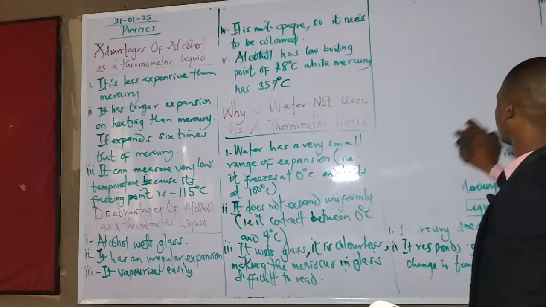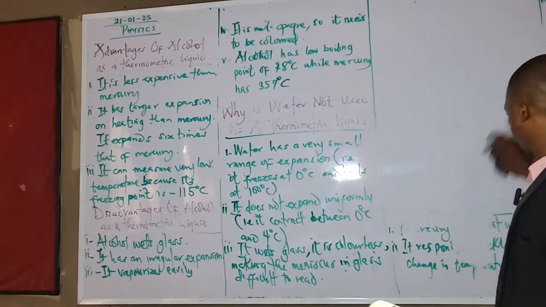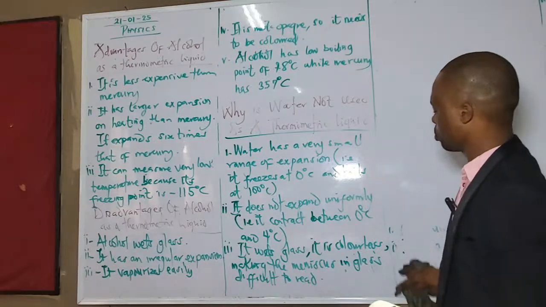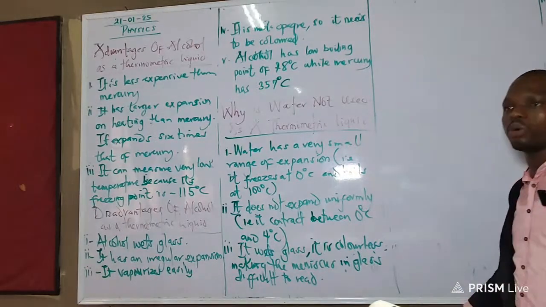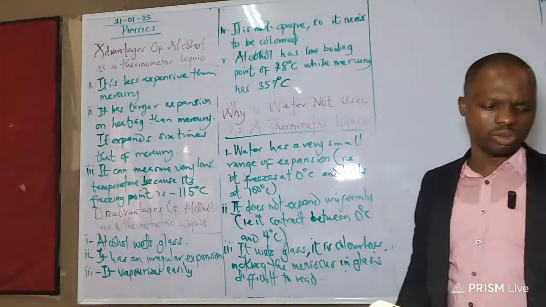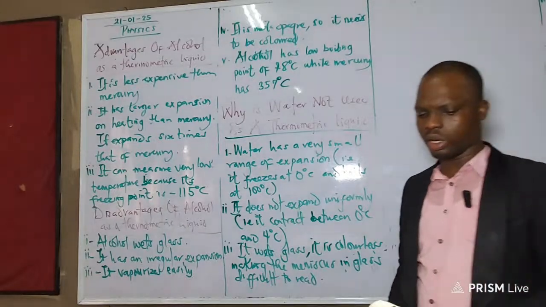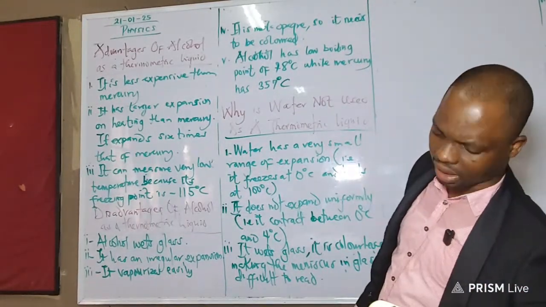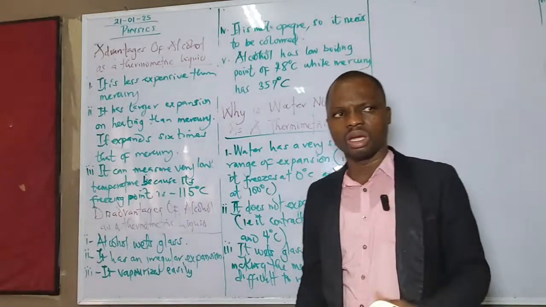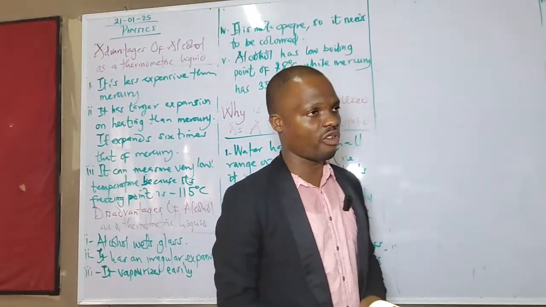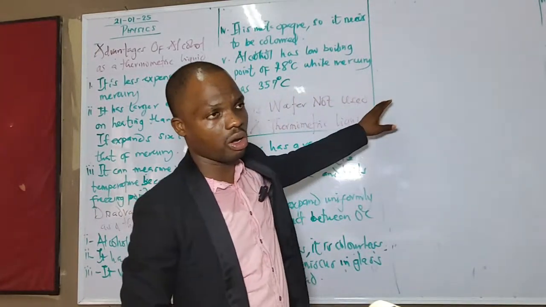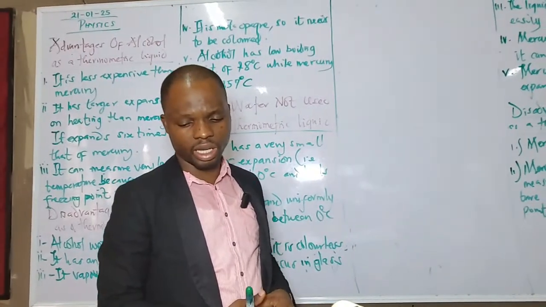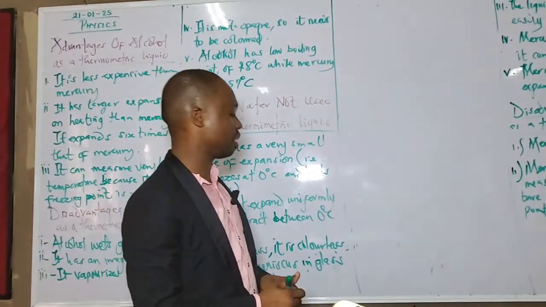Most places that we visit, we are always tested with the thermometer to check our temperature, and that was what was majorly used. That type of thermometer is a clinical thermometer. So a clinical thermometer is just a type of mercury in glass or liquid in glass thermometer. Of course, we know it makes use of mercury.